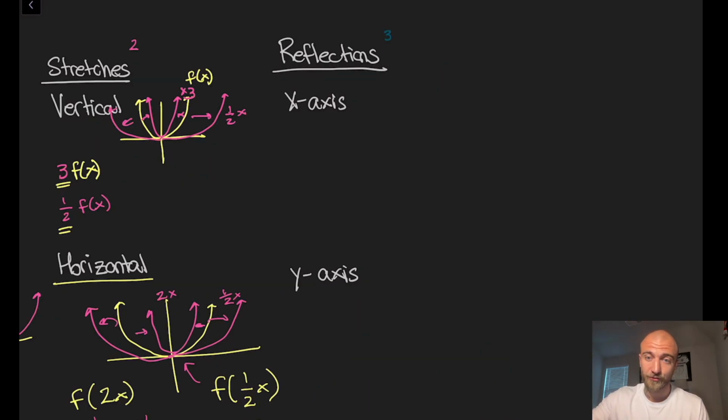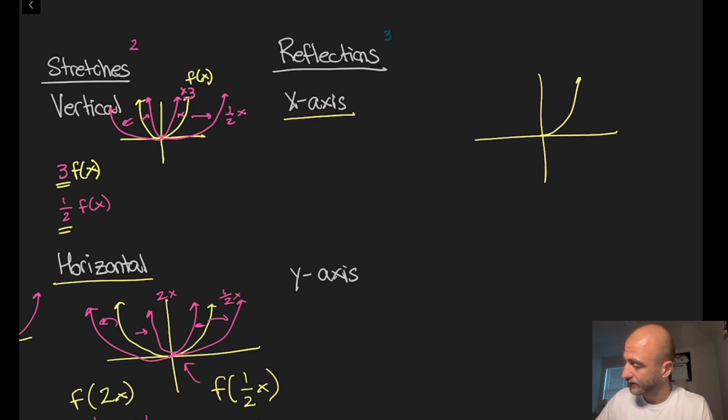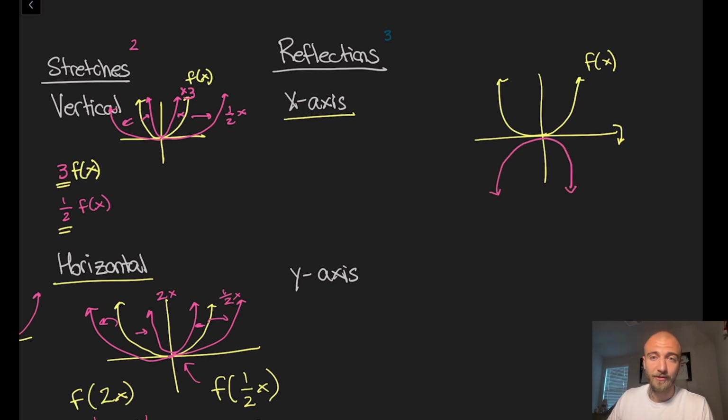What about reflections? So in other words, what does a reflection across the x-axis or over the y-axis look like? And we start with the x one. If we think about this, say we have an equation again, or a function that looks like this, f of x, and we're saying, hey, we want to reflect this over the x-axis so that it looks like this, assuming it was symmetrical.